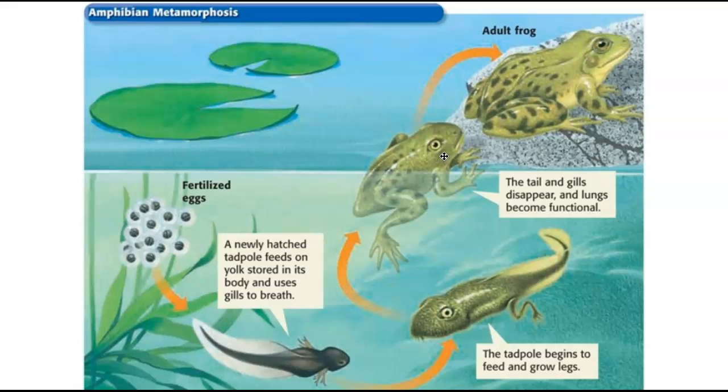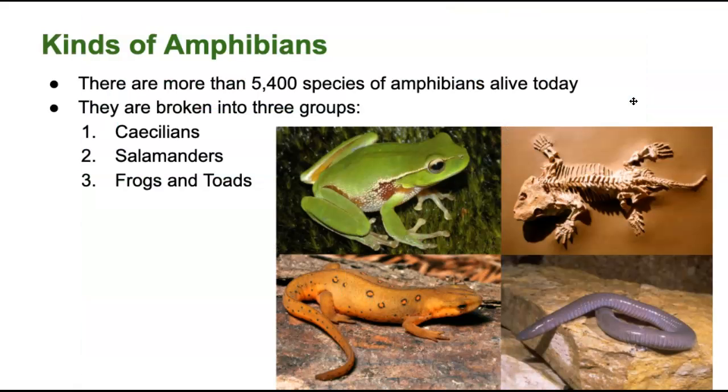Once those features have completely developed, as the tail is disappearing and those legs and lungs are becoming functional, then the frog in its pre-adult phase begins to come out of the water. When it's fully an adult, then it's able to survive successfully on land.